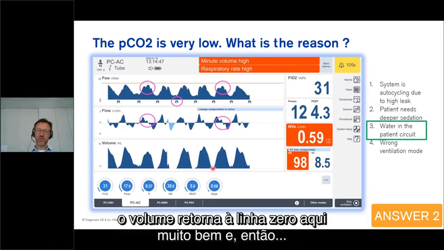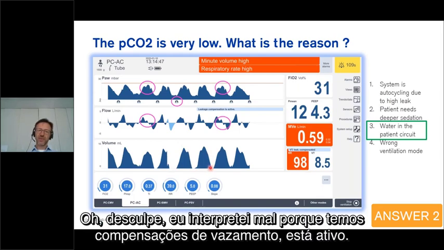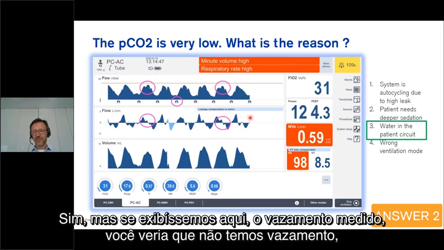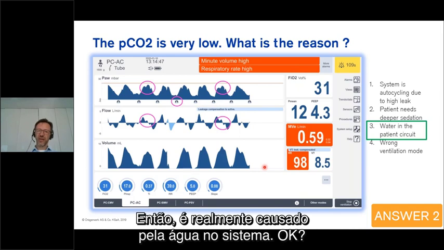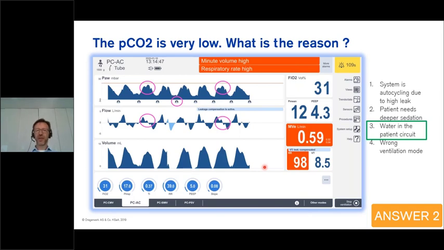The volumes return to the zero line quite well. Oh, sorry, I misinterpreted this, because we have leakage compensation active. Yes, but if we would display the measured leakage, you would see that we have no leakage, no ET tube leakage in the system. So it's really caused by water in the system.